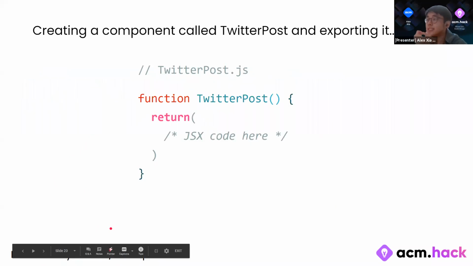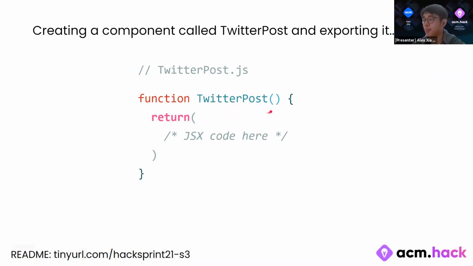And then inside it, we will create a function called TwitterPost. TwitterPost doesn't really have to be the same name as the file name, but that's generally the convention. You create a TwitterPost function, and inside this function, you will just return some JSX code.